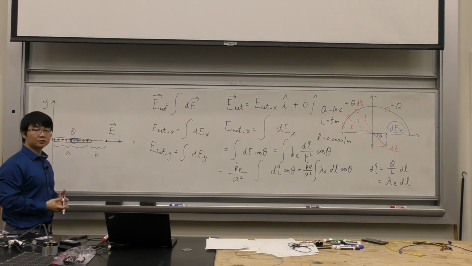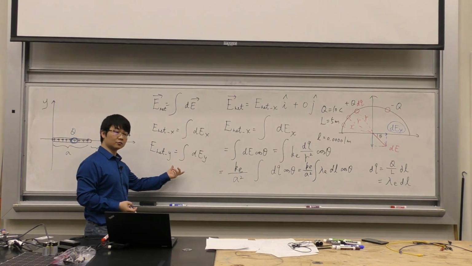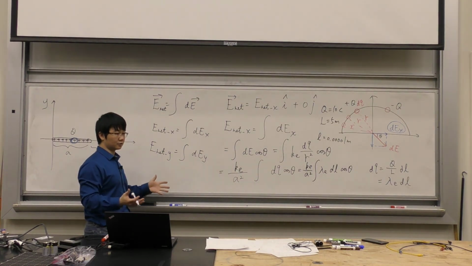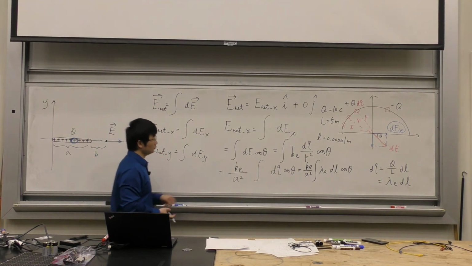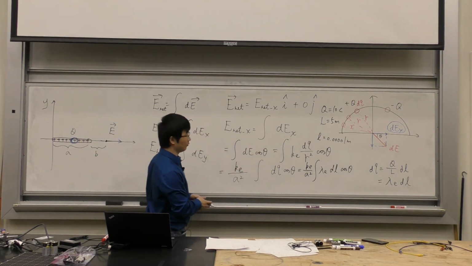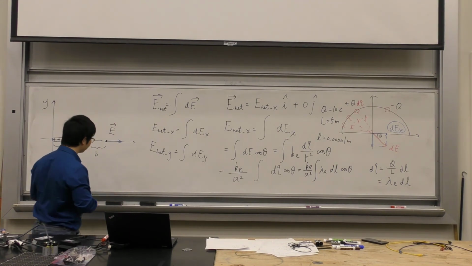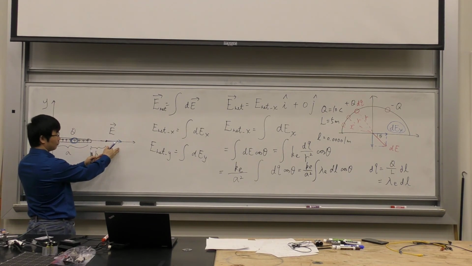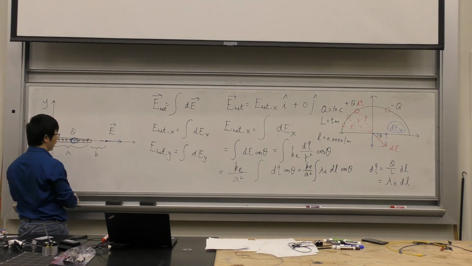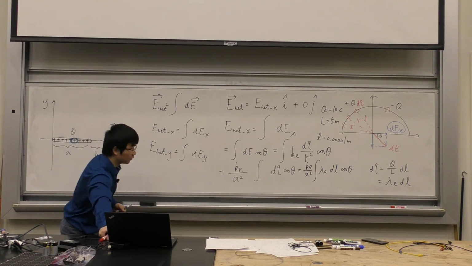But sometimes you can use the symmetry of the problem, just calculate one of them, because you can figure out the other one is 0. If you cannot, just repeat the same process in x and y. The steps are the same. The only difference could be the angle or something. Now let's see, this electric field is already in x direction, right? What about the other one? If I pick another one, this guy, okay?